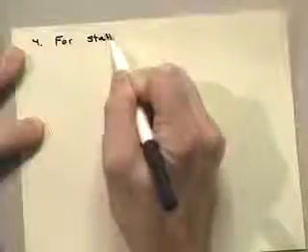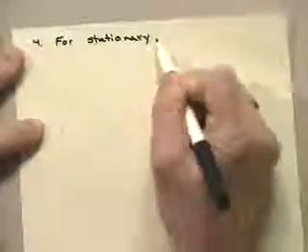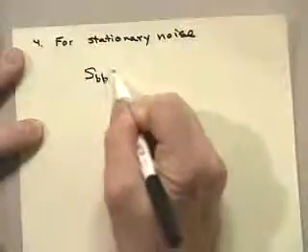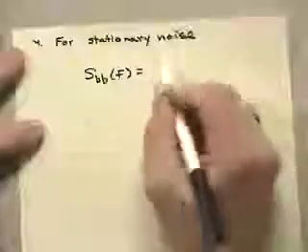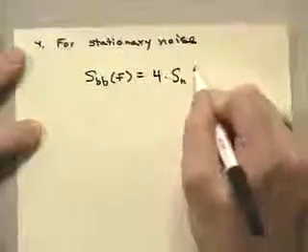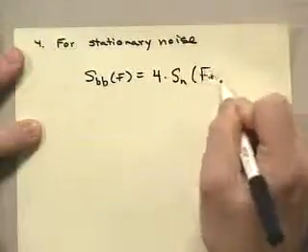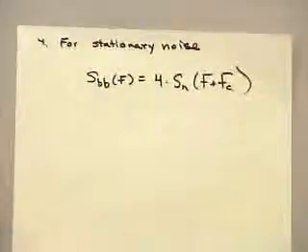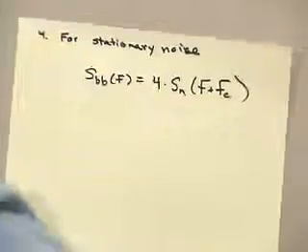Now, if I actually had correlated noise of some type that didn't have a white spectrum, well, that's fine too. I simply slide to the left and multiply by 4 the power spectral density of that noise. So for any stationary noise, and it has to be stationary to have a power spectral density, then SBB of F is 4 times the power spectral density of the noise slid down to 0.